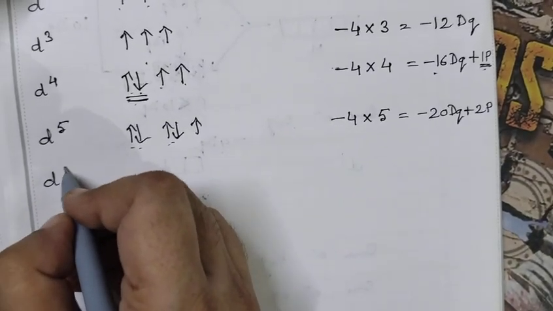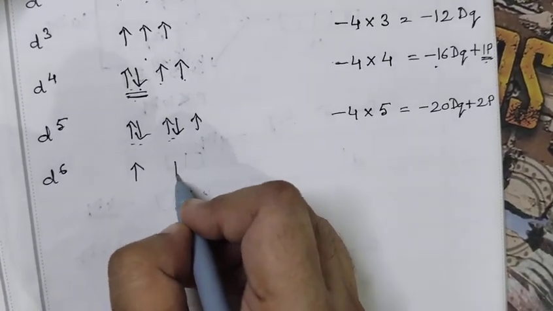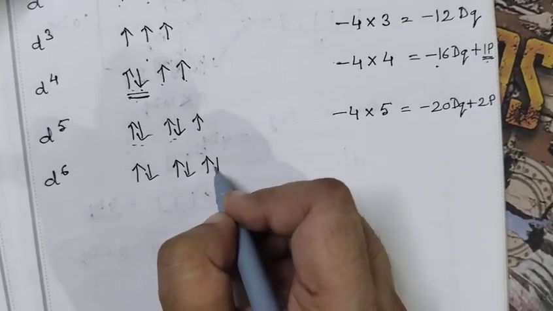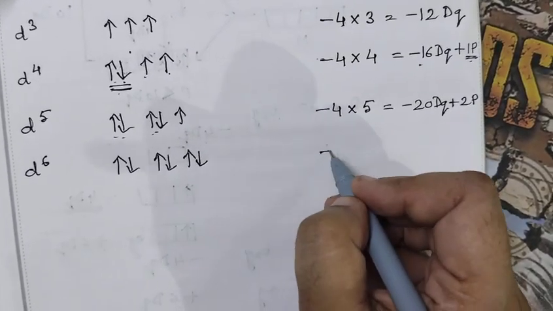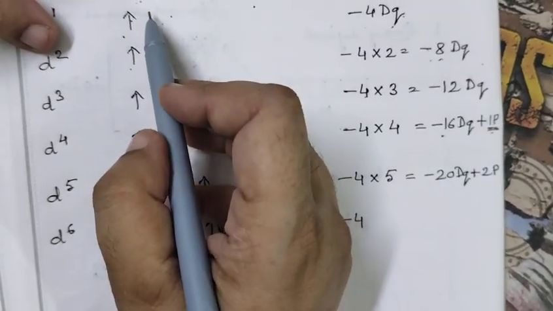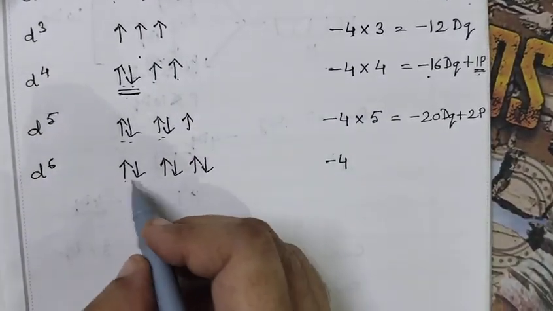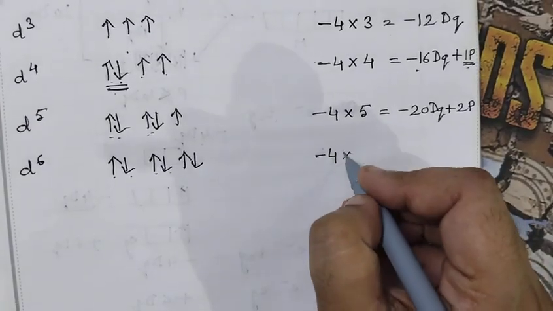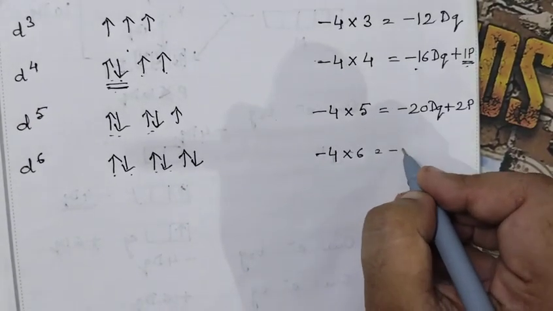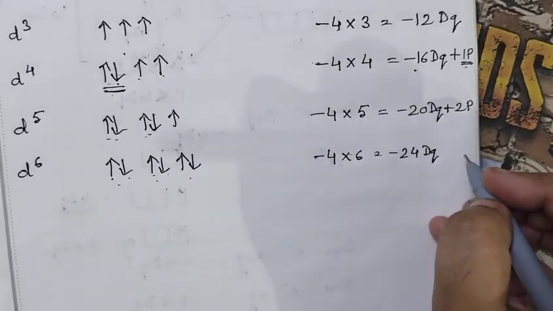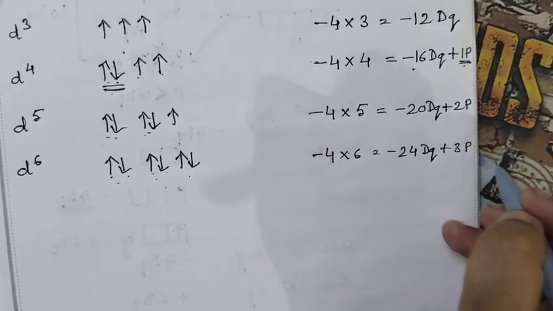Exactly in the same way, D6 will have 1, 2, 3, 4, 5 and 6. Minus 4 for 1 in T2G, and there are 6 such electrons. So minus 4 into 6 is minus 24 dq, and since we have 3 pairs, it will be plus 3p.